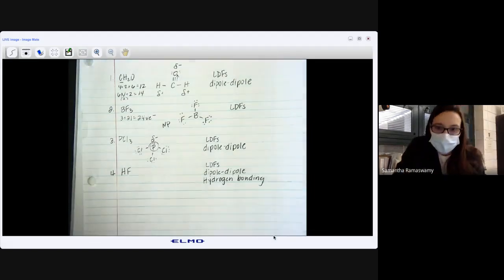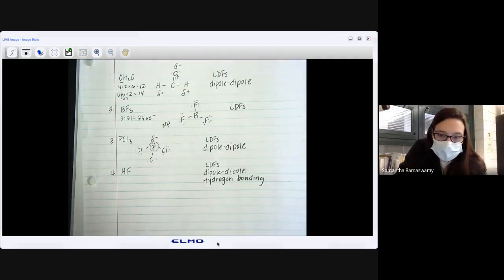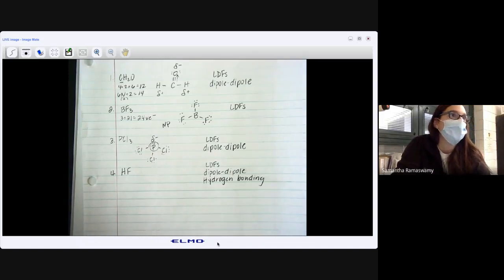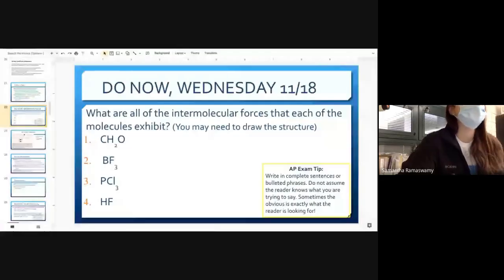All right, so if not, what I actually want to do is kind of go back and forth. So I want to actually look at an AP style question. And what I did is I put it right after the do now. That way if people need to go back and look at it later, they could.